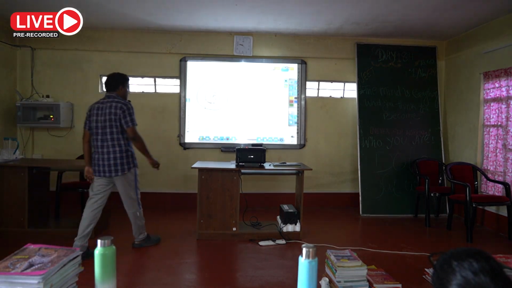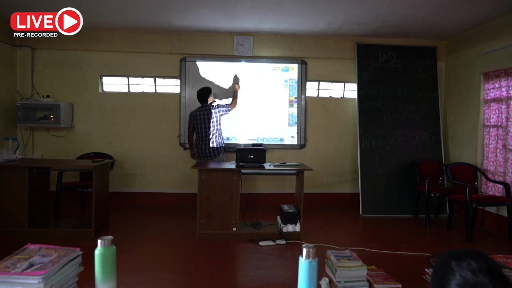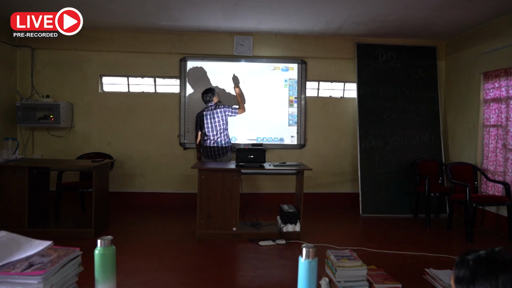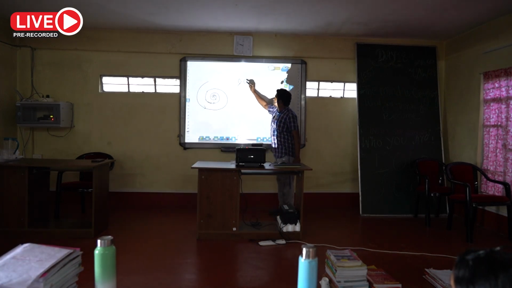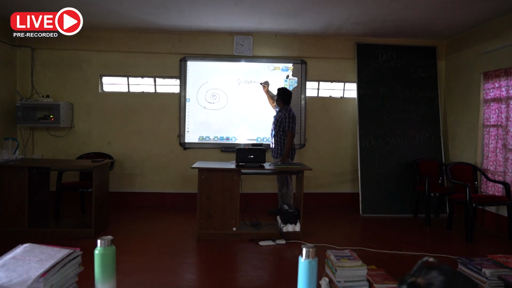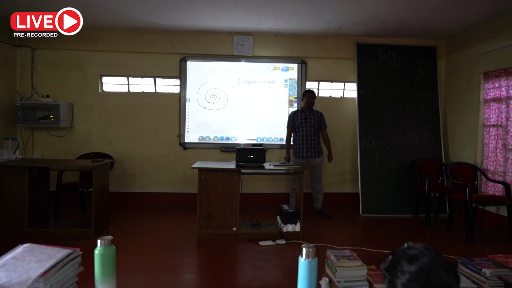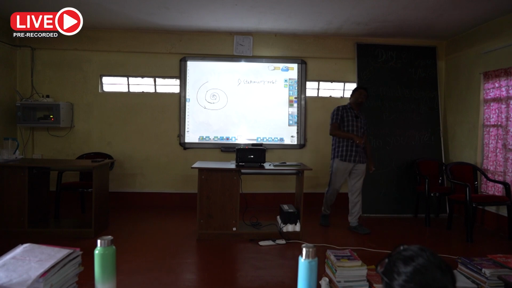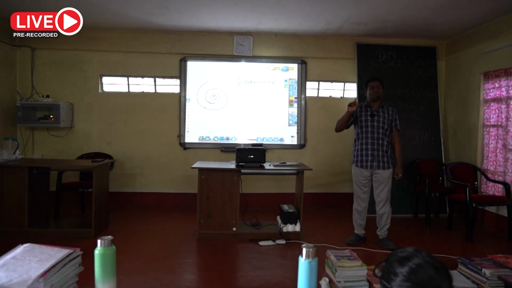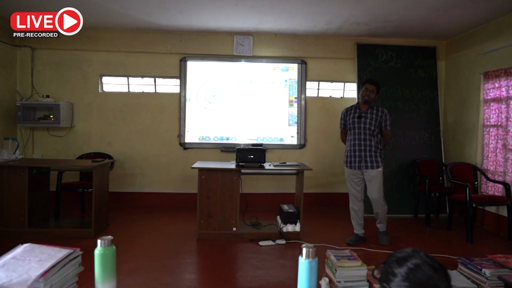So the first thing that Bohr proposes is the idea of stationary orbit. Stationary orbit means if the electron is there, the electron will not radiate any electromagnetic radiation.